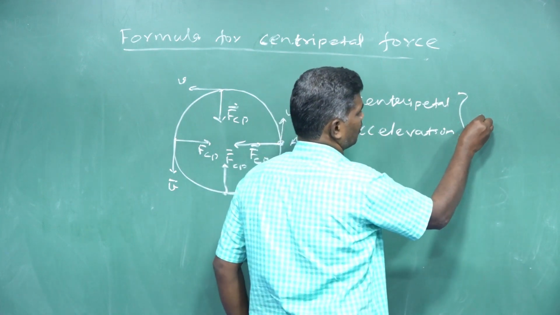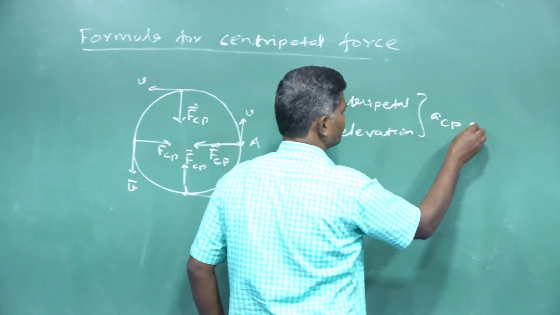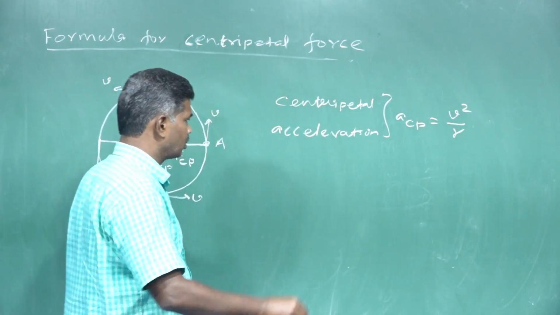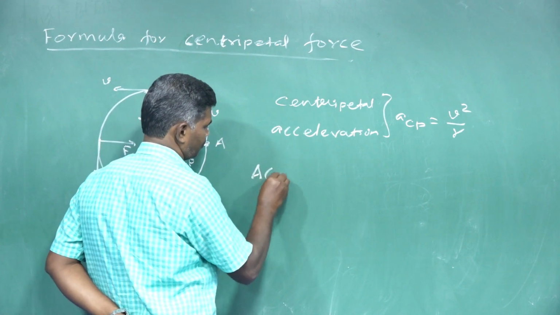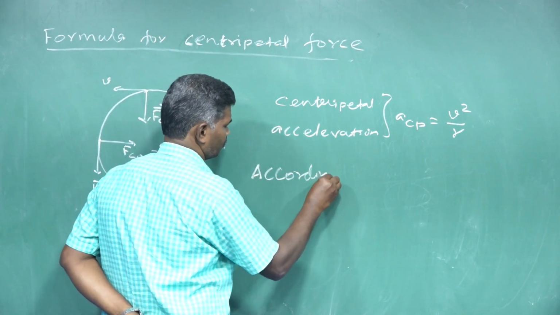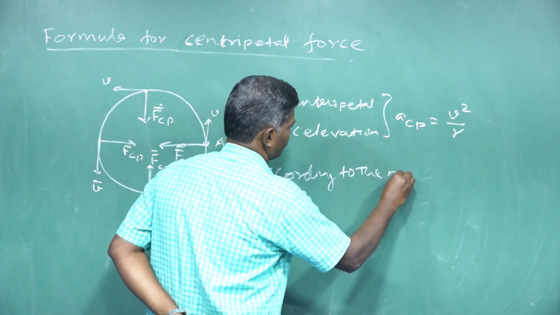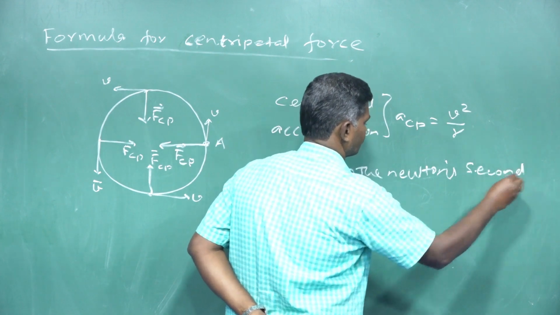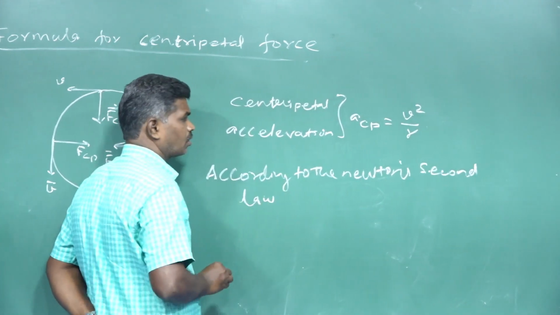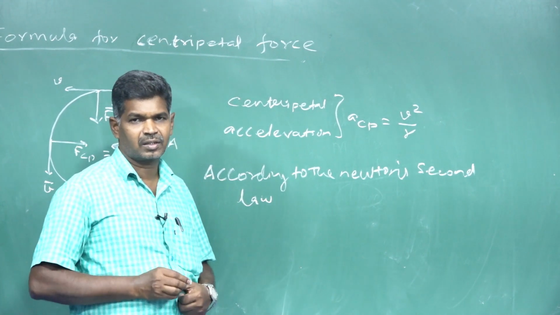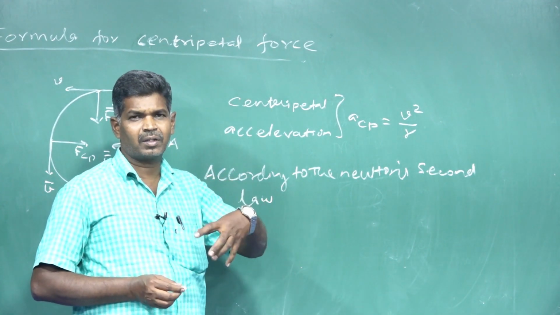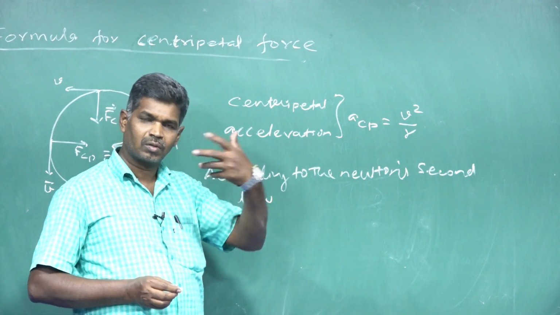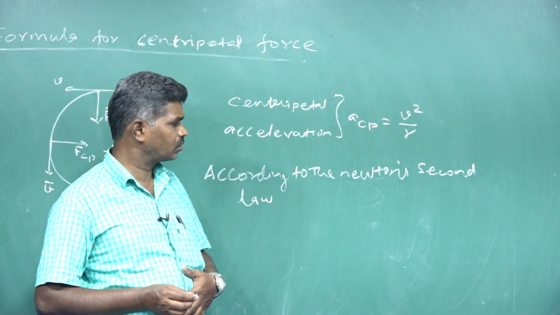The centripetal acceleration formula can be taken as a_cp equal to v squared by r. According to Newton's second law, if any particle experiences acceleration, the acceleration must happen due to an applied unbalanced external force on that particle.